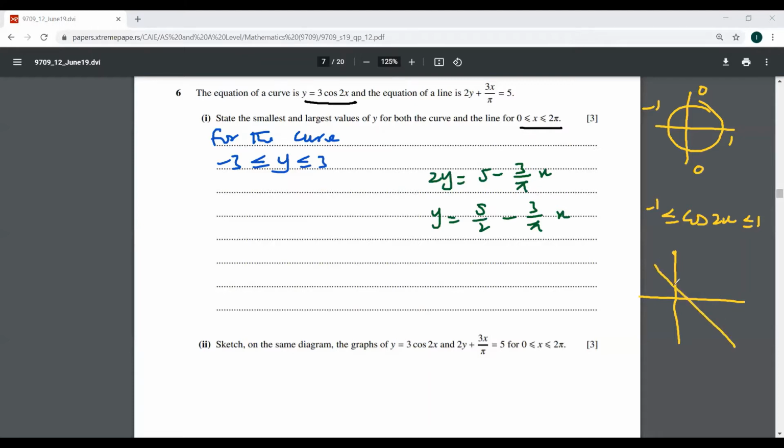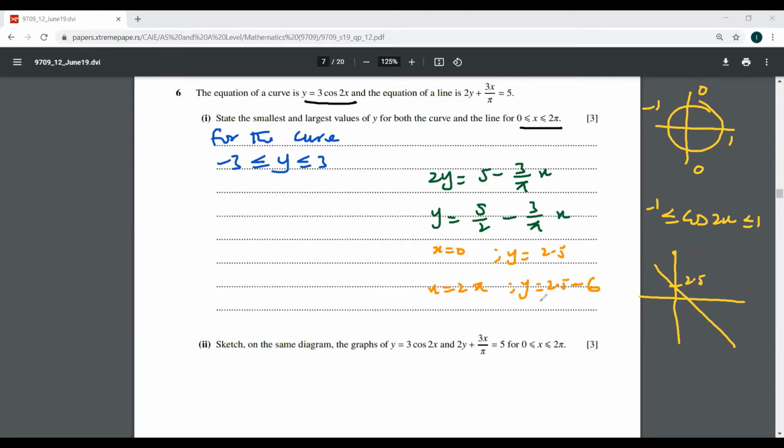This point is 2.5 over here. You're given the domain from 0 to 2 pi, and you have to give the range. When your x equals 0, your y is 2.5. And when your x is 2 pi, this will go down, so your y would be 2.5 minus 3 over 2 pi times 2 pi.